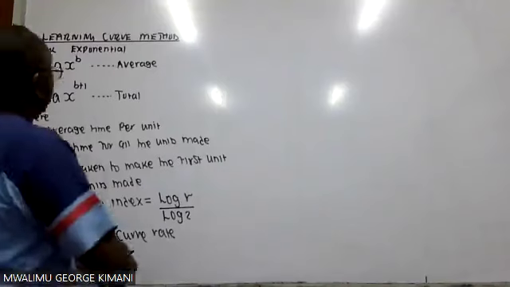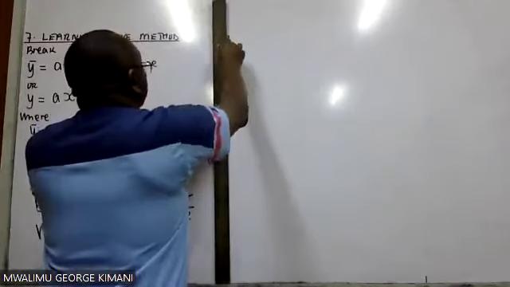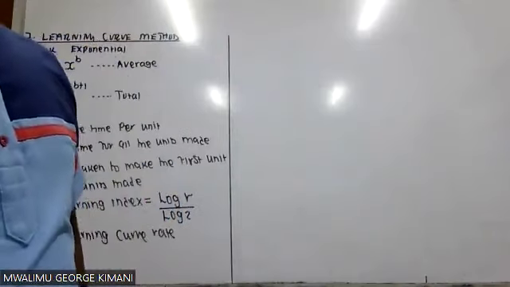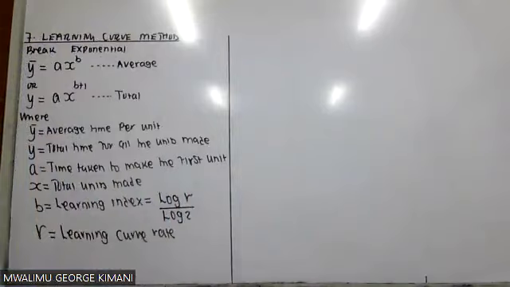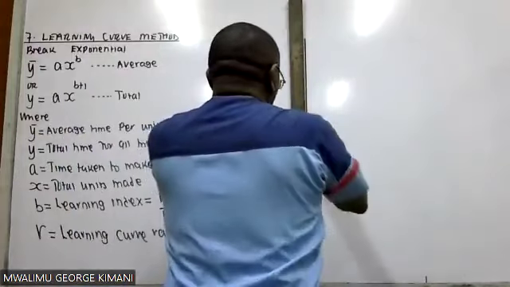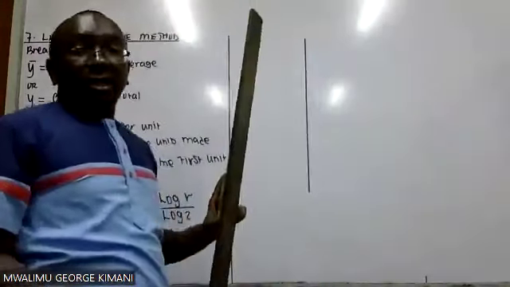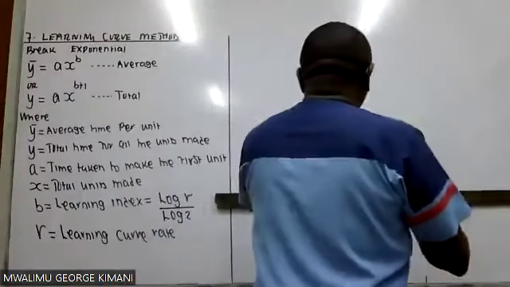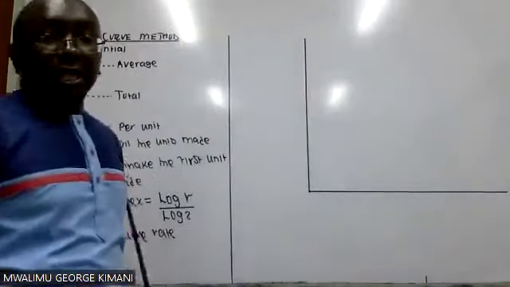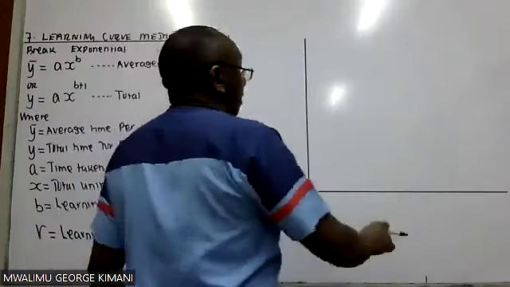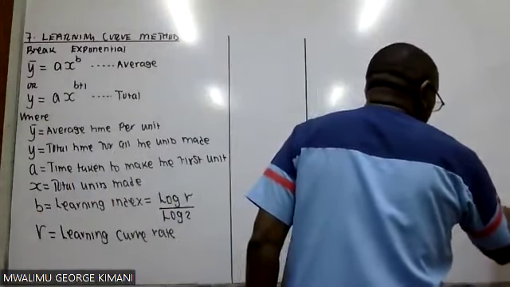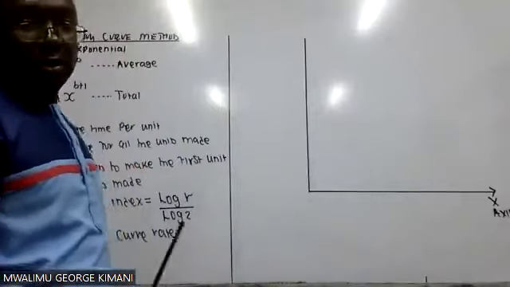Okay, then down there you write that the decline in time is only noted at double points, as shown below. That is the x-axis.